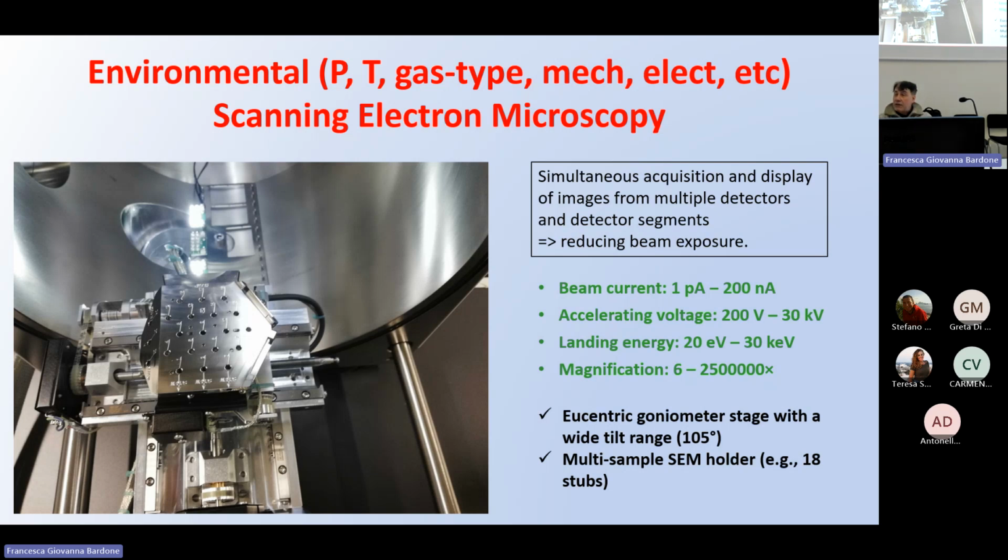But we have an eccentric goniometer, so we can rotate the sample around an ideal axis inside the sample. So the sample rotates in this way without moving.